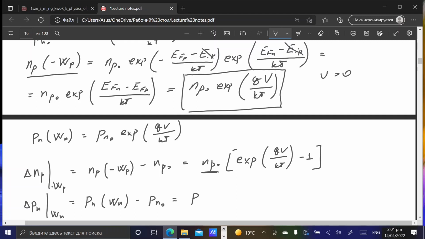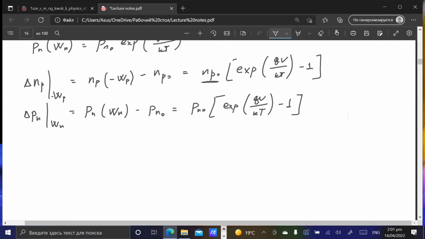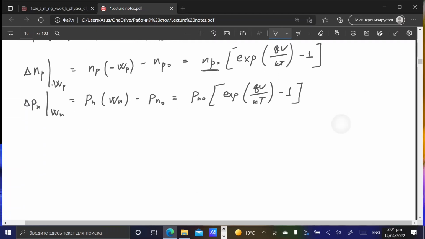This will be Pn naught out of parentheses, and here will be exponent QV divided by KT minus 1. So now we have these two equations which are important for us.